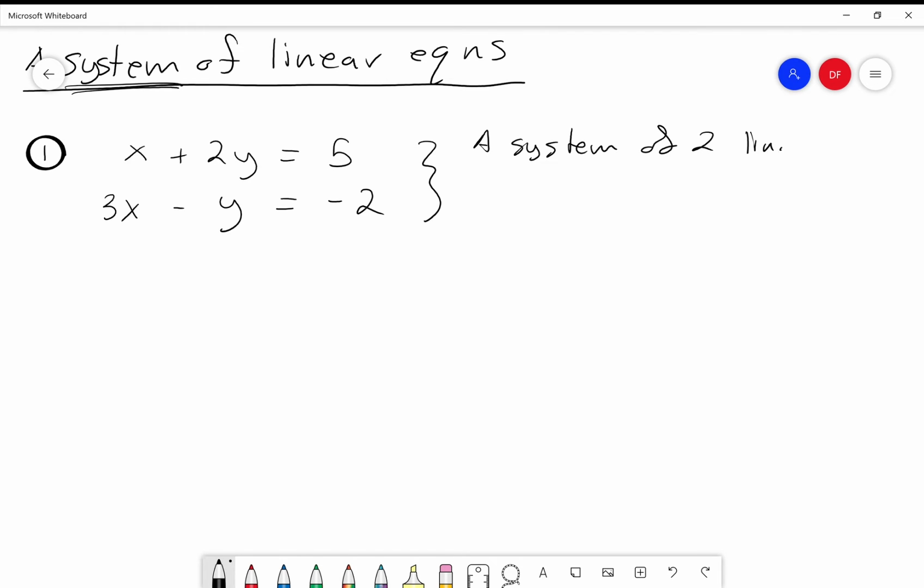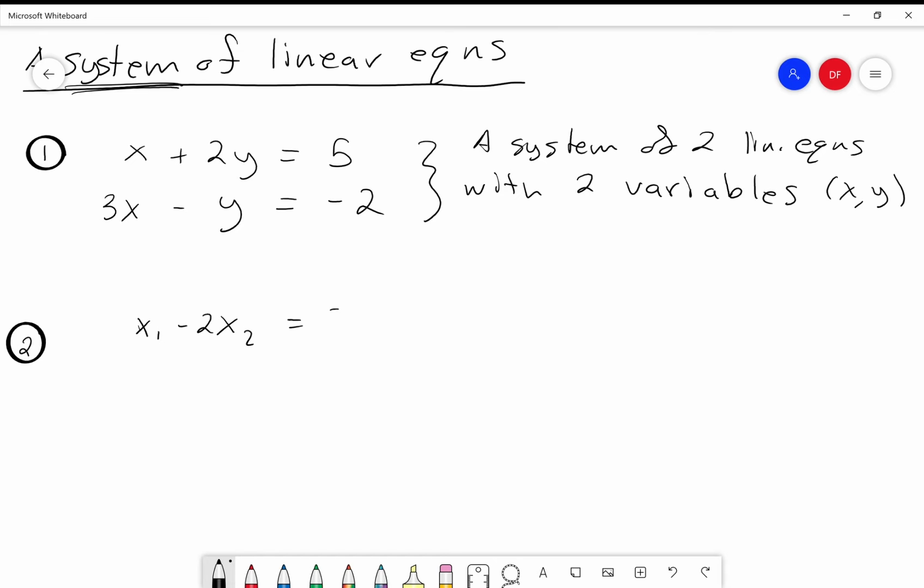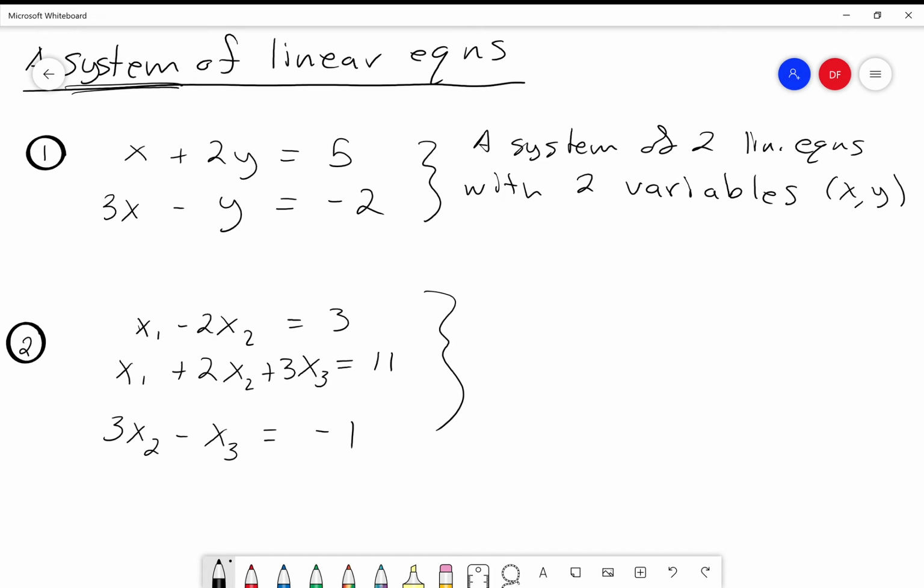With two variables, x and y. This is another example of a system of linear equations.